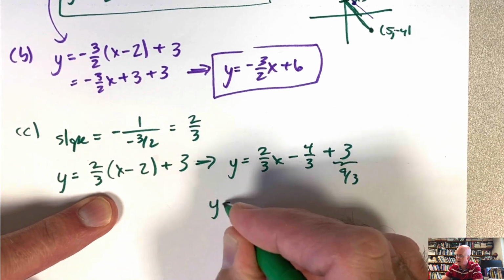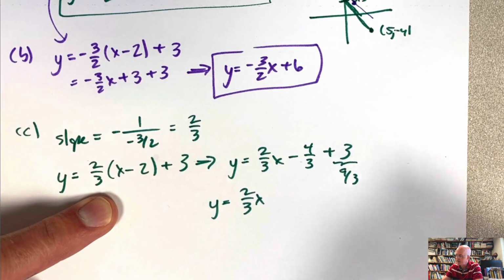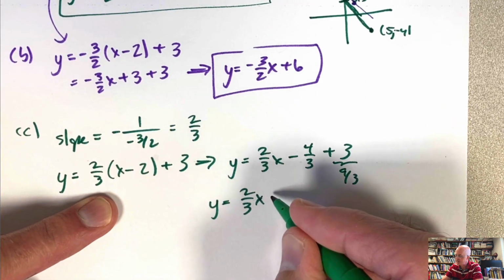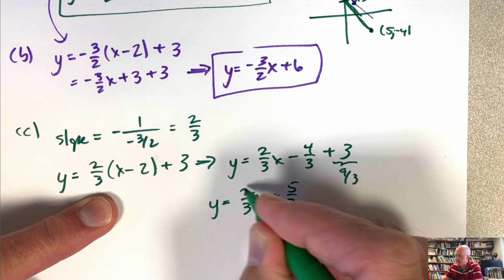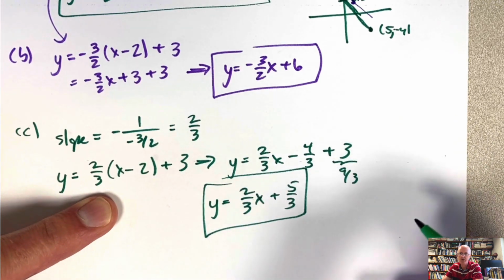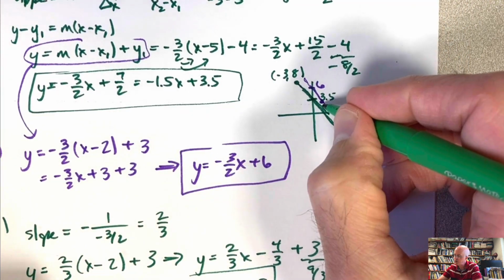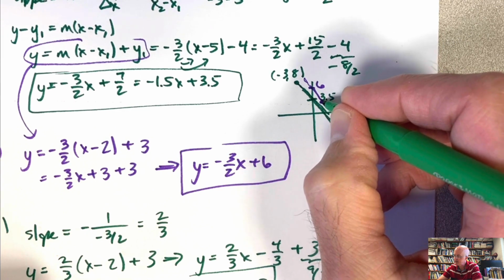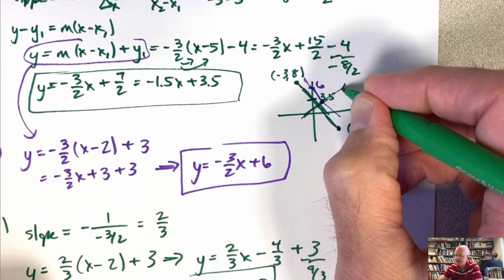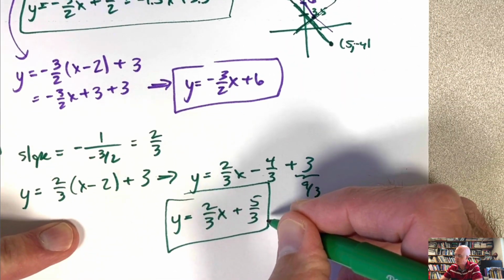So we're going to get y equals 2/3 x, -4/3 plus 9/3 is going to be +5/3. That will be the slope-intercept form for the equation through this point (2, 3), right about there. That's perpendicular to both of these lines. It's going to look about like that, and the intercept is 5/3, 1.6 repeating.